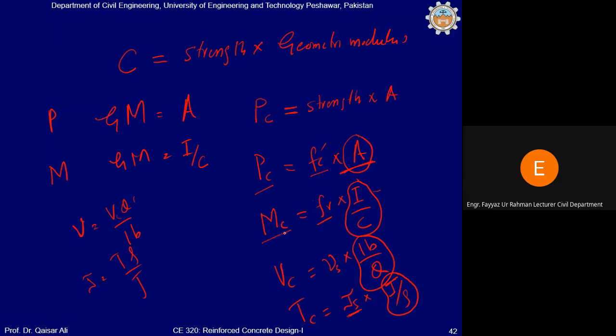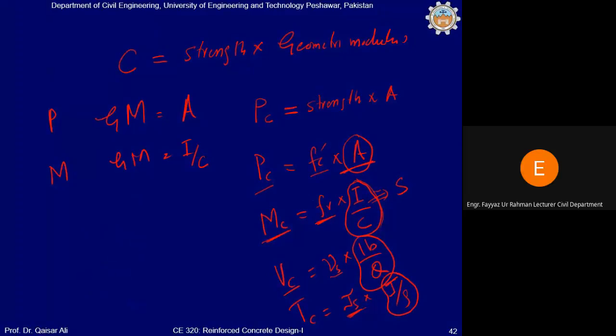In case of bending moment capacity, it is the product of flexure strength multiplied by geometric modulus, denoted by I by C. It is also equal to section modulus, which can be represented by S. In case of shear capacity, it is the shear strength multiplied by the shear geometric modulus, represented by Ib by Q. And in case of torsional capacity, it is the product of torsional strength multiplied by geometric modulus. Clear?